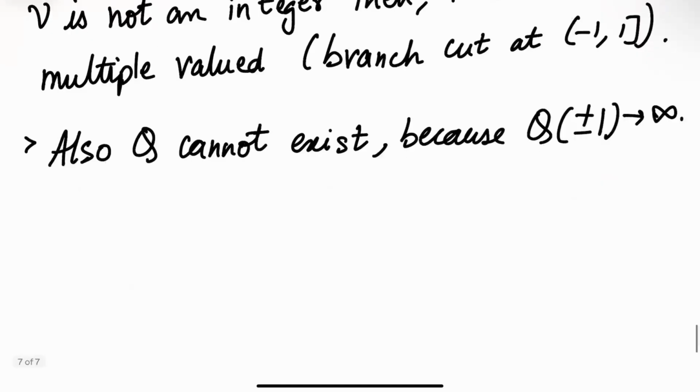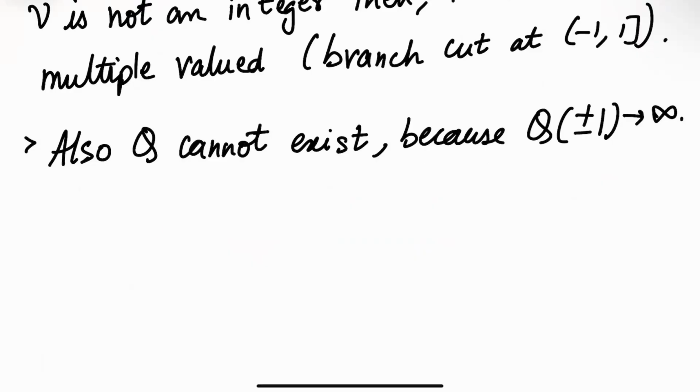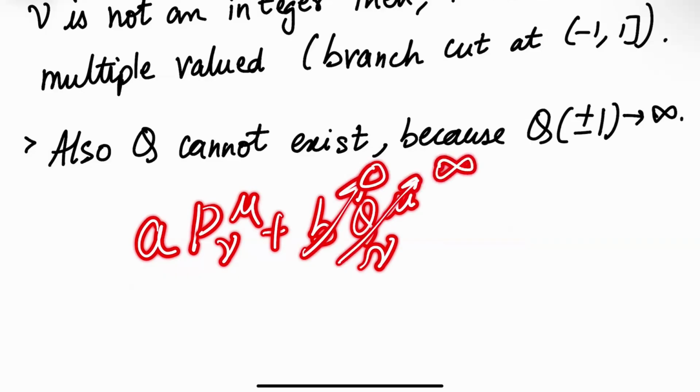Essentially, if you write the full solution as a linear combination, let's say A P nu mu plus B Q nu mu, and theta includes 0 or pi, then the coefficient B must go to 0, because otherwise this will blow up.